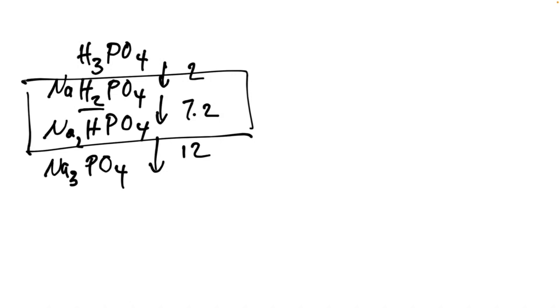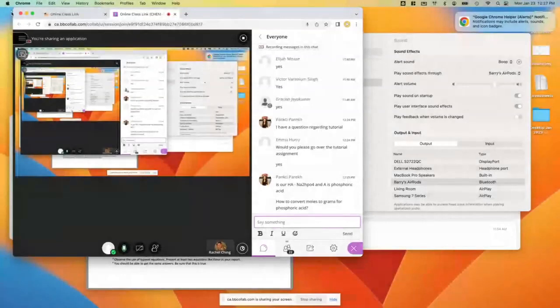Once you know how many moles of one, you just use the moles per gram to give you the weight. And when you know the moles of the other, you use the moles per gram to give you the weight. So that's how you would get started on that one. So you're not using the phosphoric acid, you're using sodium H2PO4 and sodium HPO4. Did that answer your question?